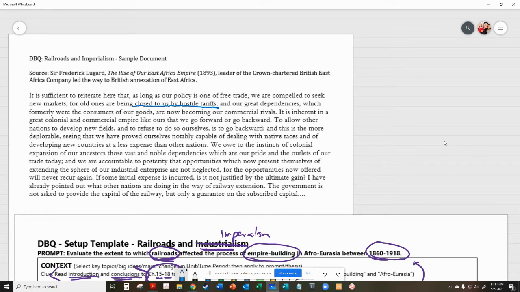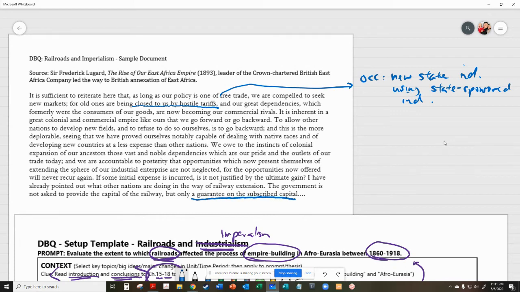Okay? So that's one example in terms of the era of imperialism. When I source this by occasion, he cites this because of new states industrializing, using state-sponsored industrialism. This is a term we looked at in the previous DBQ. So to examine why he calls for the British state to guarantee, in this case, not to provide the capital, but to guarantee the subscribed capital.